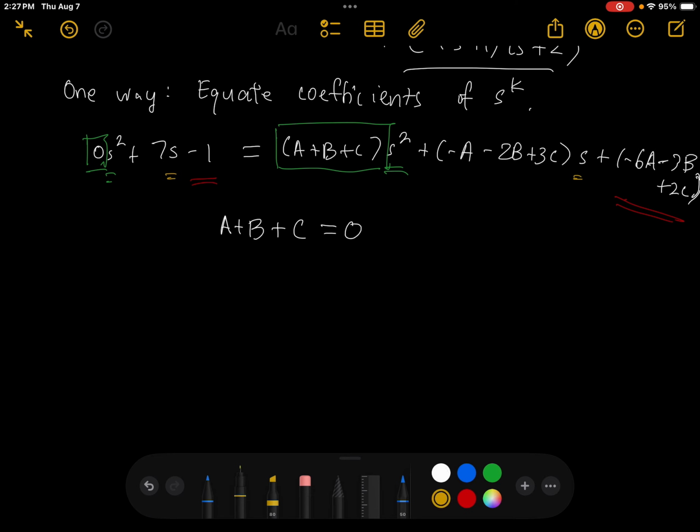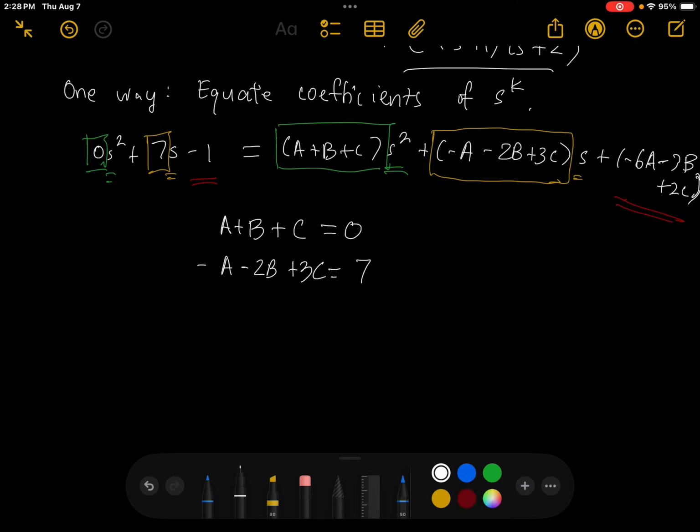Similarly, let's match the coefficients of s. On the left, the coefficient of s is 7. What's the coefficient of s on the right? Negative a minus 2b plus 3c. So they're the same. Let's write that down. Negative a minus 2b plus 3c is equal to 7.